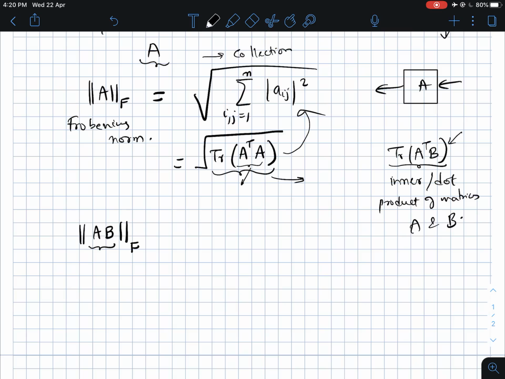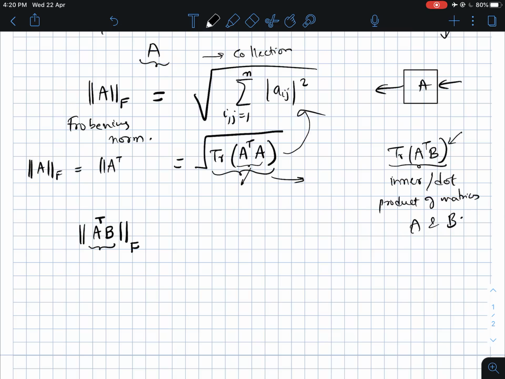This is one of the first operations that uses a lot more than just the fact that matrices are rectangular arrangements, correct? So how does the Frobenius norm of a product of matrices relate to the individual Frobenius norms? To make things a bit simpler for myself, I'm just going to put A transpose B over here, and write the Frobenius norm.